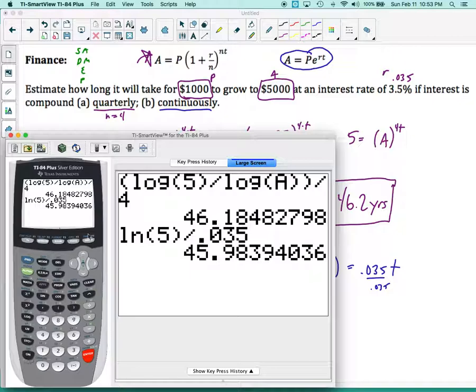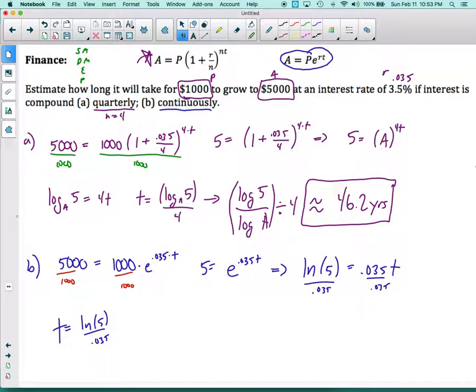And that would take 45.98 years, which is really close to 46 years. So we can see that our money does grow a little bit faster with continuous compounding, but not that much faster. All right, and that's the end of that example.